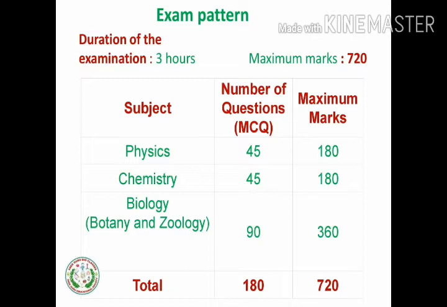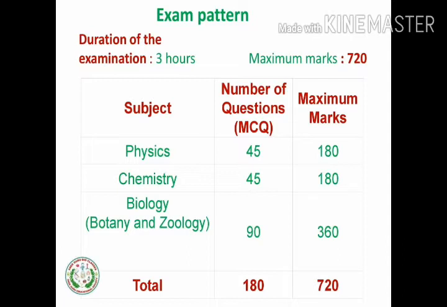Let us see the physics section. They have 45 multiple choice questions. Each question carries 4 marks and the total marks allotted to this section is 180 marks. Similarly, the chemistry section also has 45 questions, each question carries 4 marks and the total marks given to this section is 180.